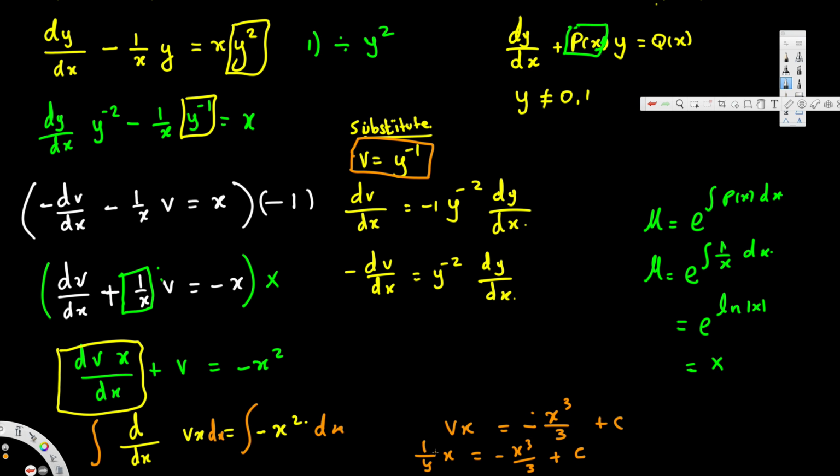And if you want to express this in terms of y, this is going to be 1 over y, and if you divide this by x, this is going to be negative x squared divided by 3 plus c over x. Okay, and you can also write this in terms of y, but this is good enough. That's our final answer for this Bernoulli's differential equation.